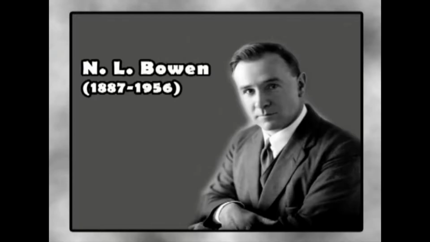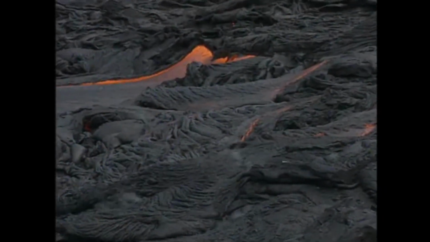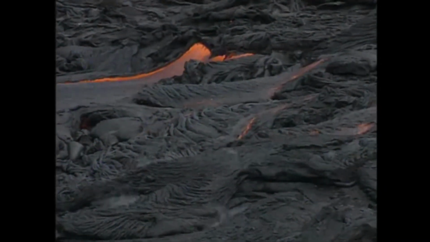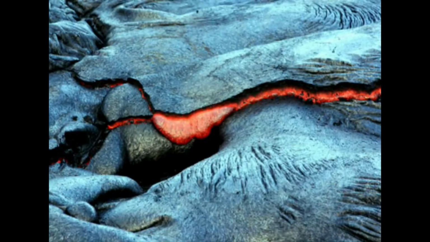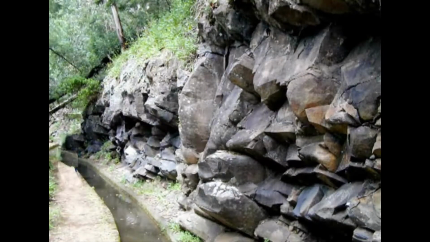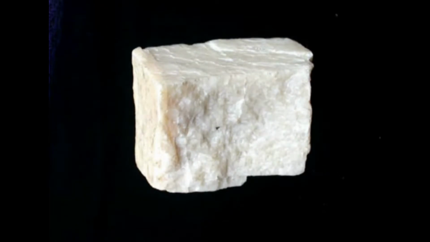The early experimental work of Norman Bowen revealed that as magma crystallized out with falling temperature, each mineral was restricted to a certain definite temperature interval. Although the actual temperature of crystallization can be modified by varying the pressure, the order of crystallization of minerals remains the same.